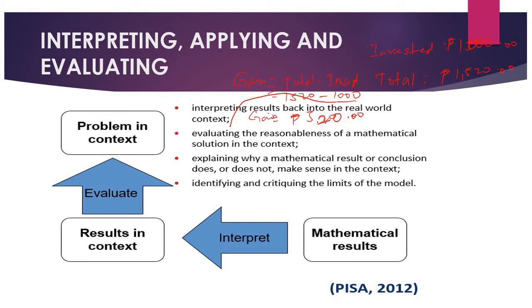And that would imply you earned more than half of your investment. Kasi 520. So that means you earned more than half of the money you invested. So yun, that is the result in context.